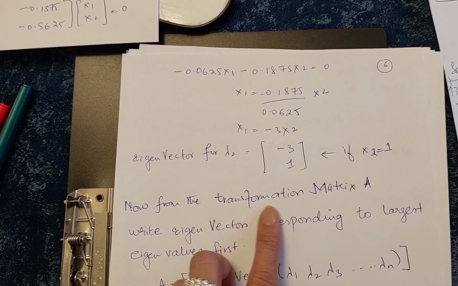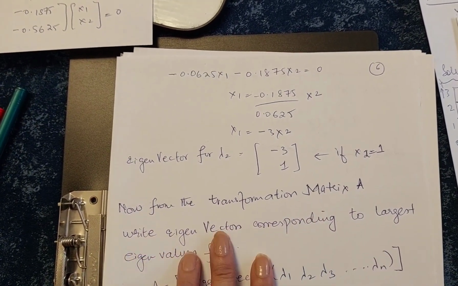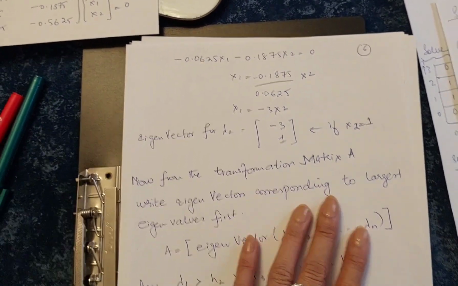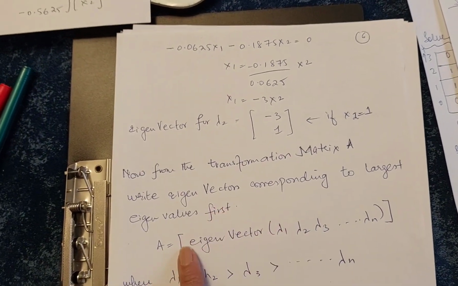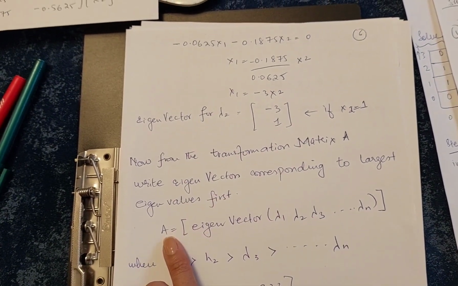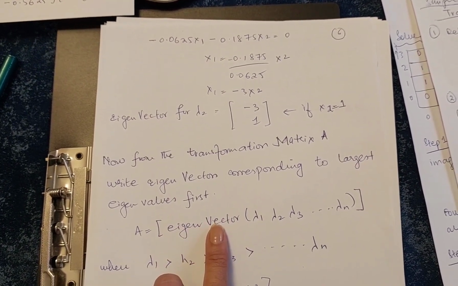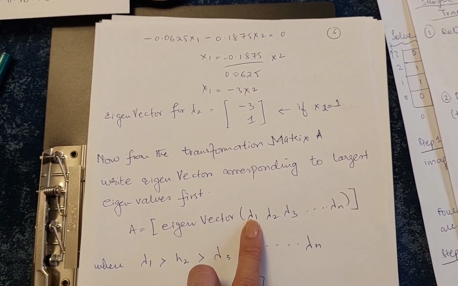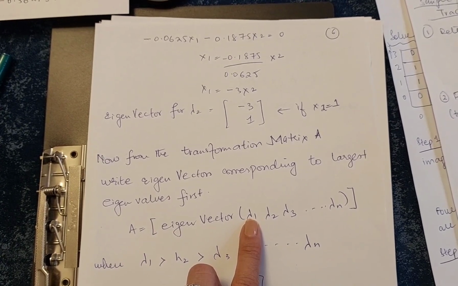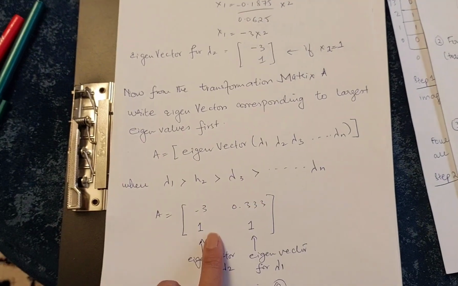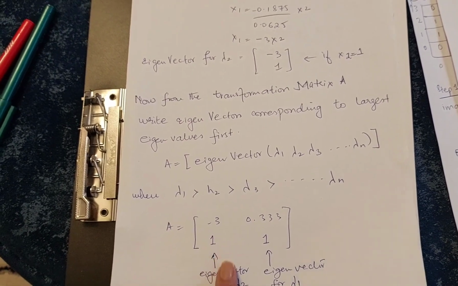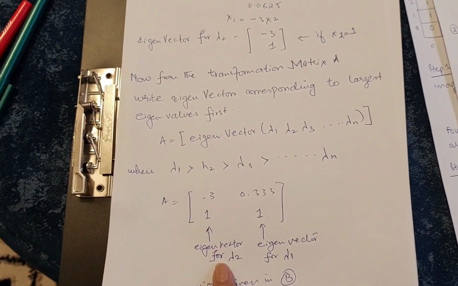Now, in the transformation matrix A, write the eigenvector corresponding to the largest eigenvalue first. You always know that your eigenvectors come into that transformation matrix, and first of all you get the vector for the largest eigenvalue. Lambda 2 was large.